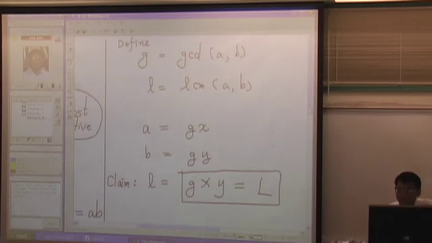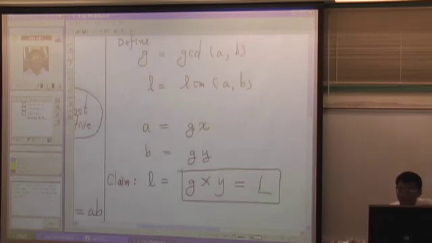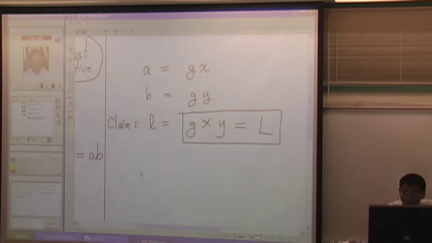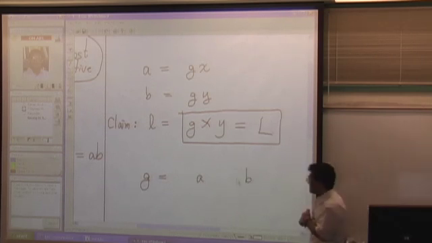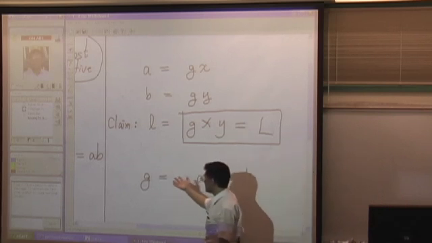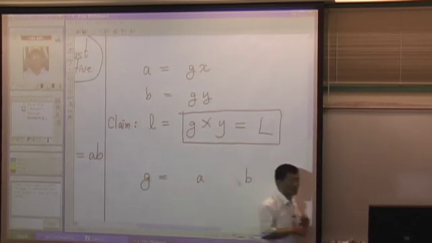So to use GCD, we will use this fact. G equals, what can you say? Because it's GCD of A and B, instead of using GCD letters, we can represent G using a mathematical expression.